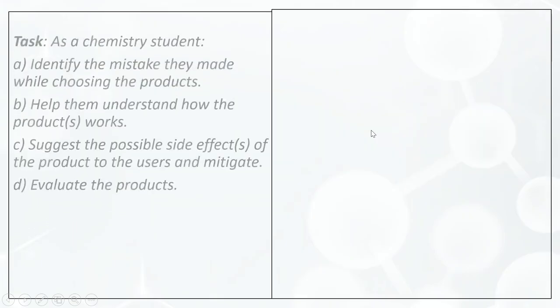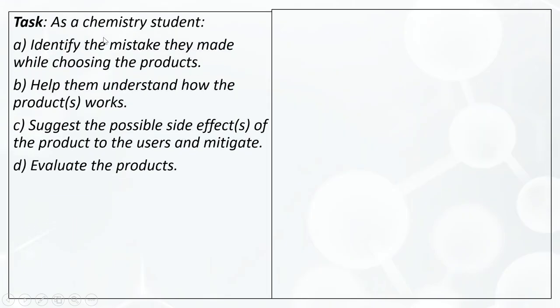And now the question is, as a chemistry student, identify the mistake they made while choosing the products. I believe from the word herbalist and from the plant extracts, we can see that this person was using traditional medicine.